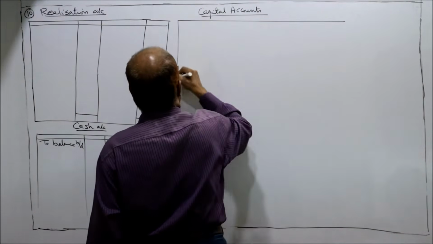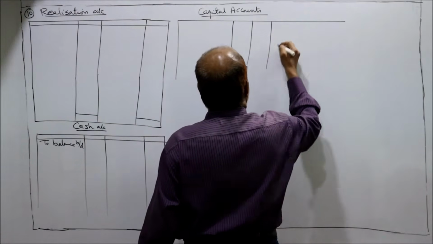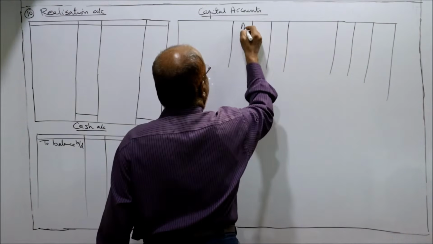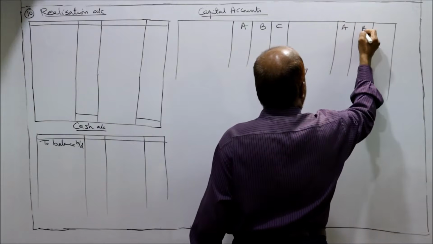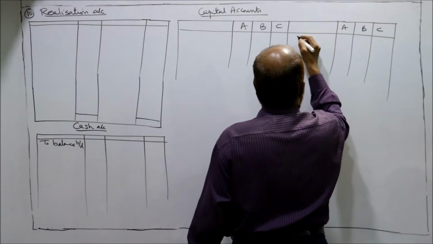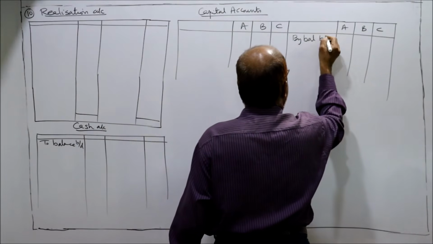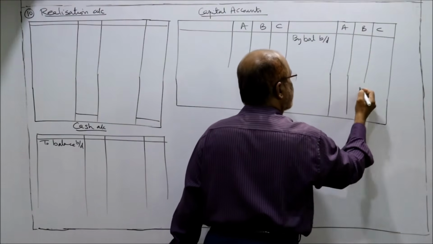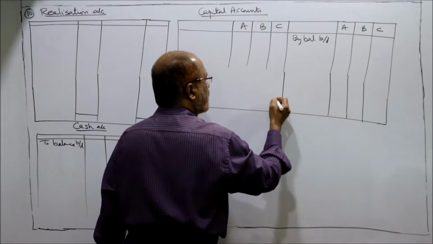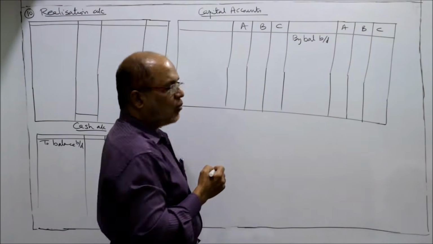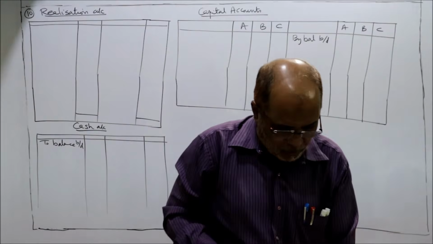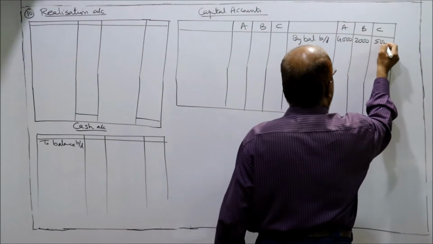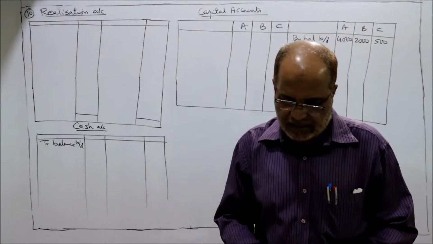Capital accounts of partners. Now, what are the capital account balances given? 4,500, 4,000, 2,500. These are the old balances of partners A, B, and C.